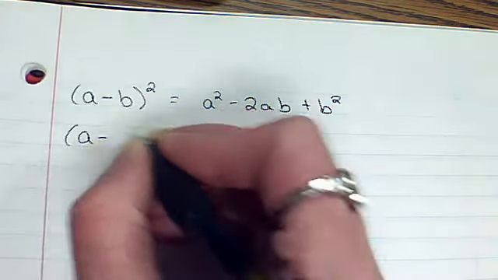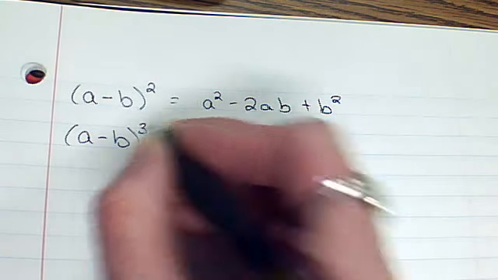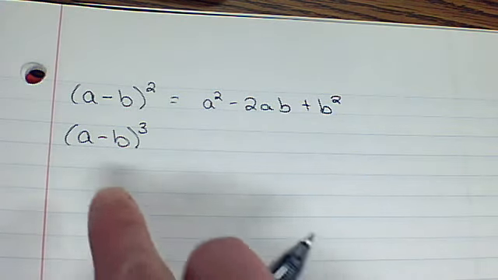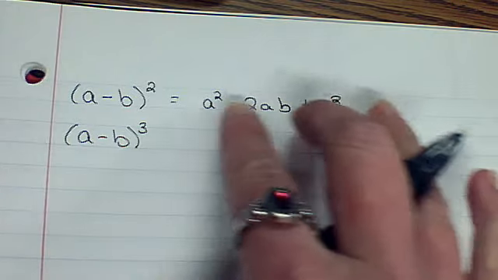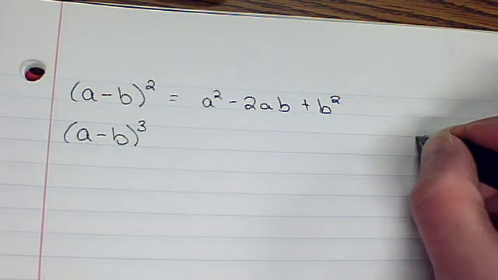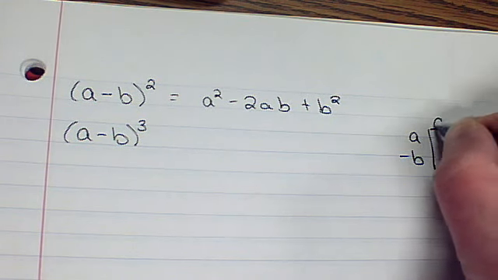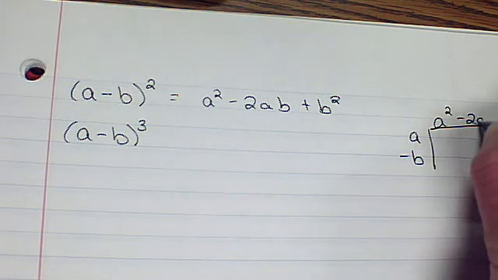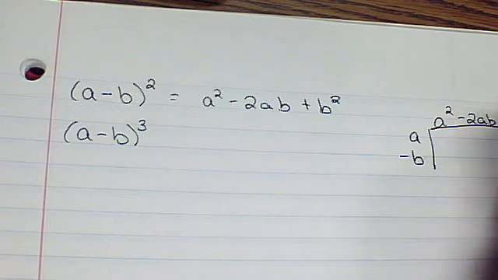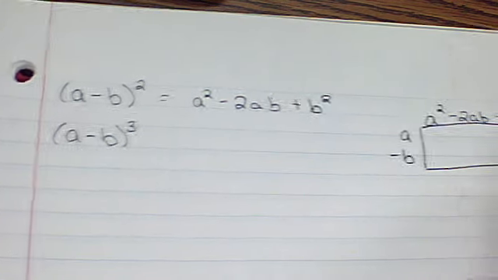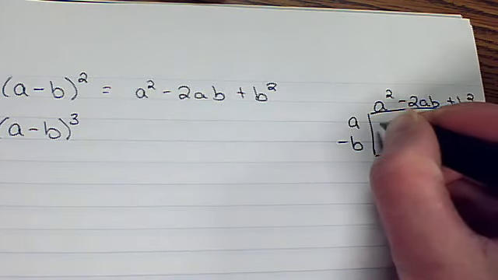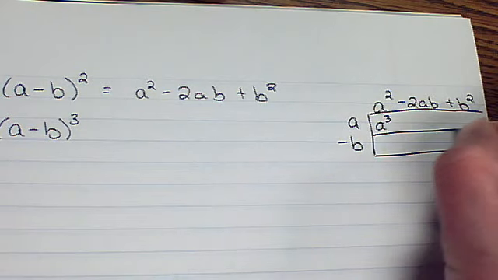What about a minus b cubed? Now remember from before, that's going to end up being a minus b times what we had before. So a minus b times a squared minus 2ab plus b squared. A times a squared is a cubed.